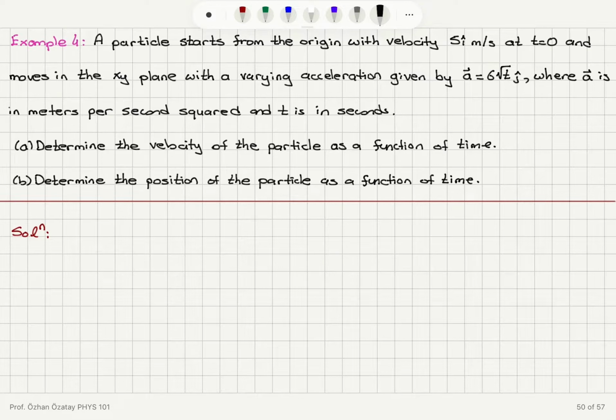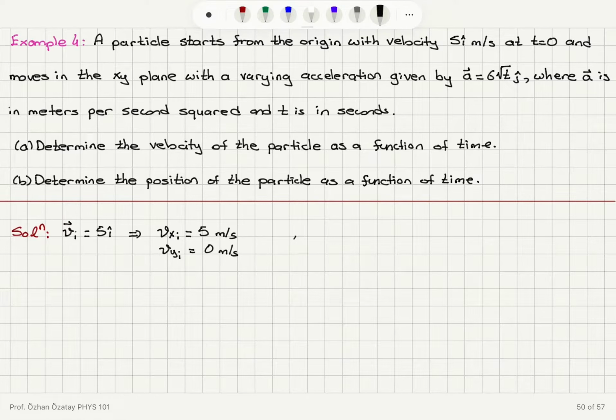So I first of all note that the initial velocity at t equals 0 is 5 i hat meters per second. So this is telling me that the x component of the initial velocity is 5 meters per second. Y component of the initial velocity is 0 meters per second.